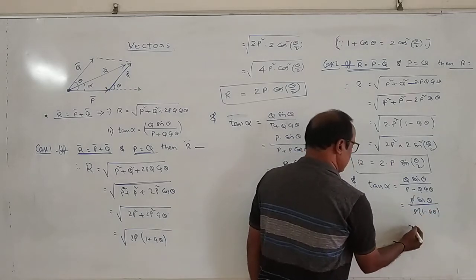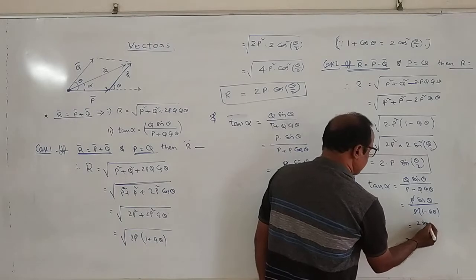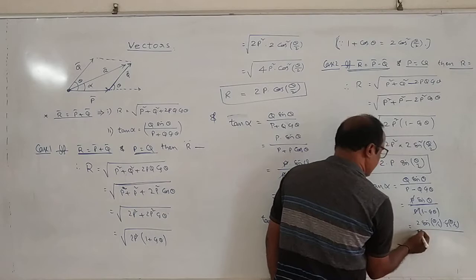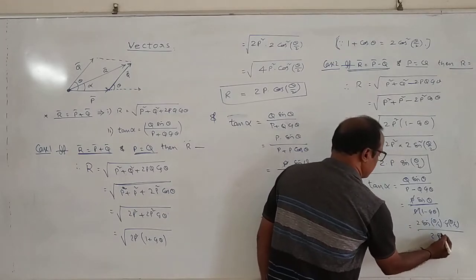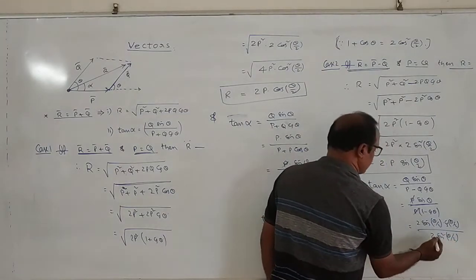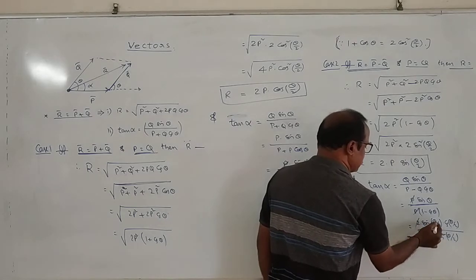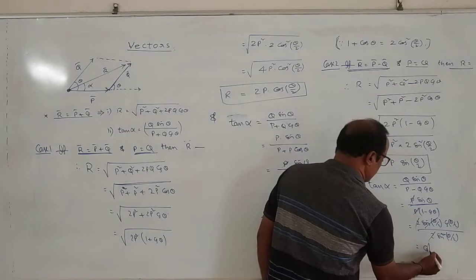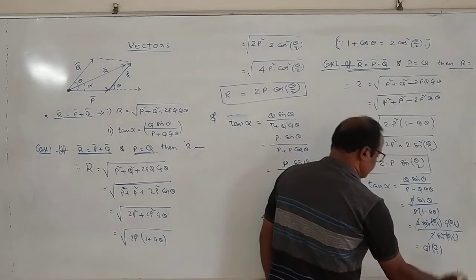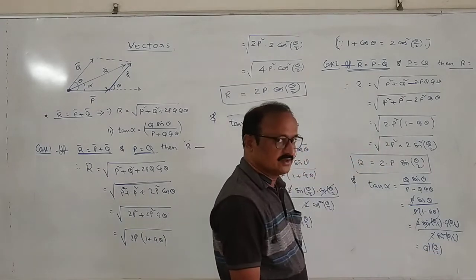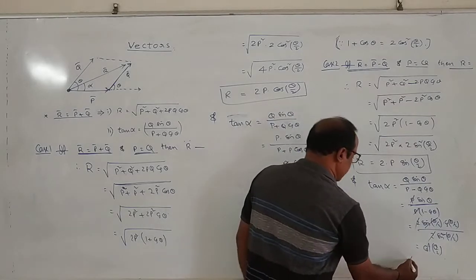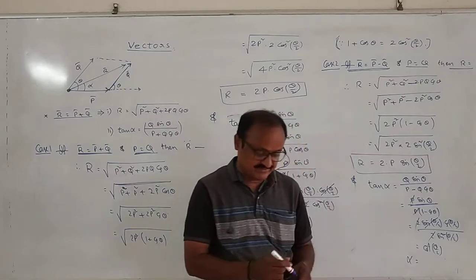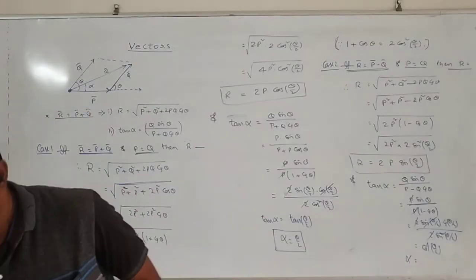P and P cancel. Sin theta means 2 sin theta by 2 into cos theta by 2, by 1 minus cos theta, which is 2 sin square theta by 2. 2 cancels, and sin theta by 2 cancels, leaving cos theta by 2 over sin theta by 2, which is cot theta by 2. Okay. In this way you find the value of alpha. Alpha is equal to tan inverse of cot theta by 2. Okay, my dear students.